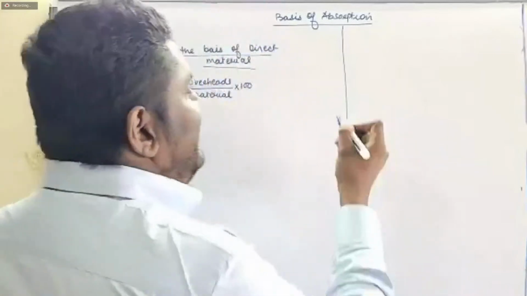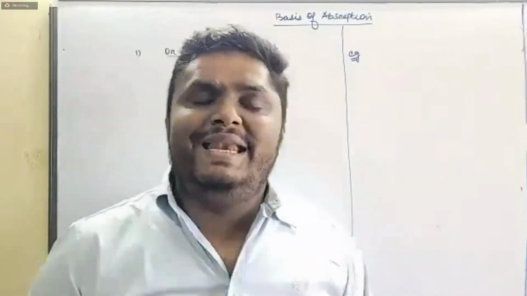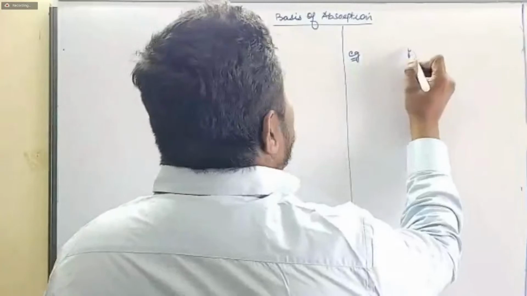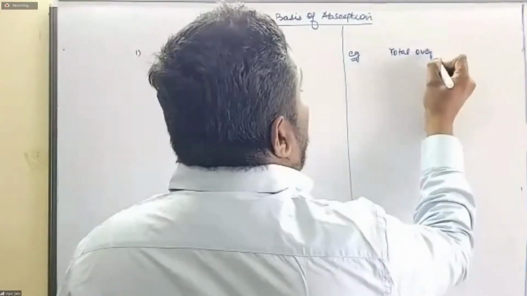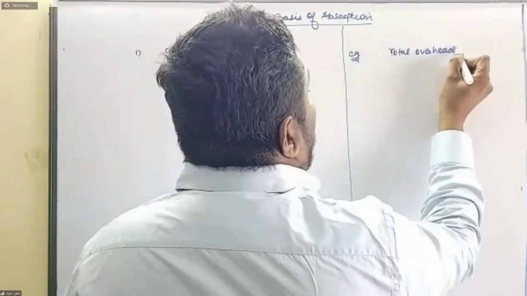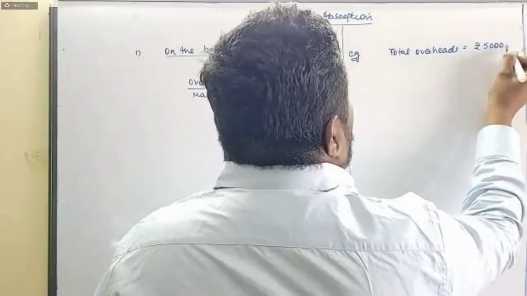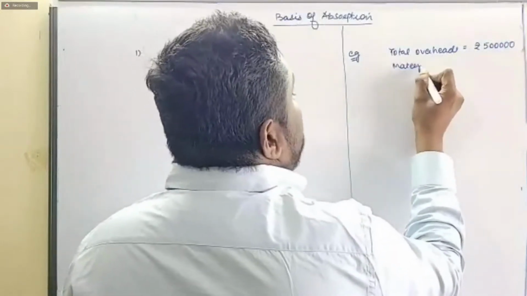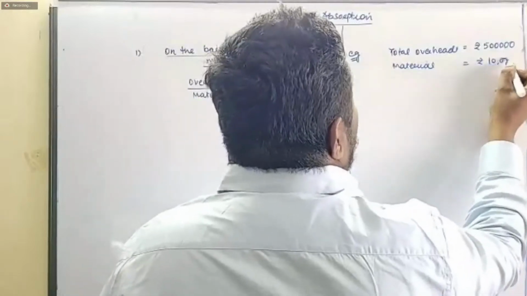Let's take an example wherein in my company, total overheads incurred were rupees 5 lakh, and the total material cost in my factory is, let's say, rupees 10 lakh.